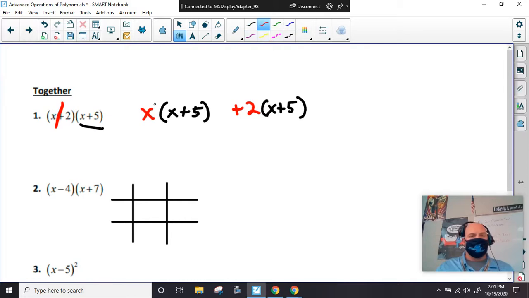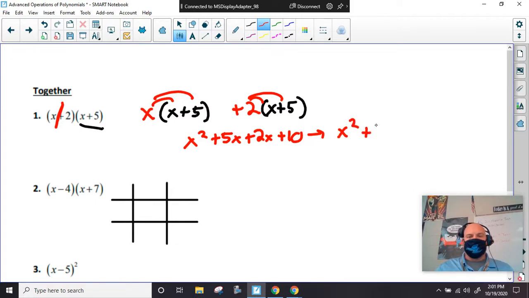All that kind of good stuff. And we'd sit here and multiply. And then when we combine our like terms, we have x squared plus 7x plus 10.